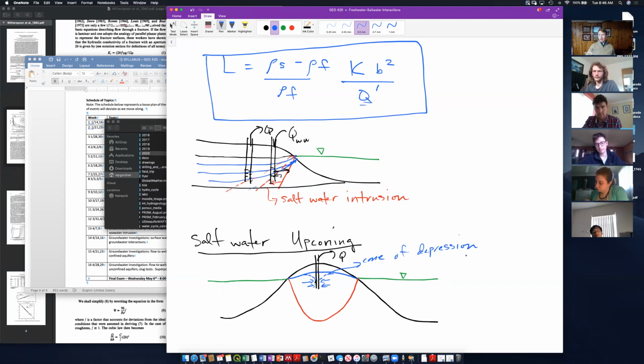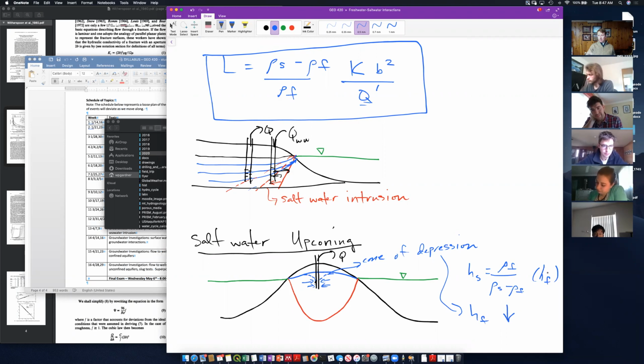So if I think back to this equation, H sub S, which is the depth of my interface, is equal to rho sub F over rho S minus rho F times H sub F. Here, because of my cone of depression, that means that H sub F gets smaller around the well.